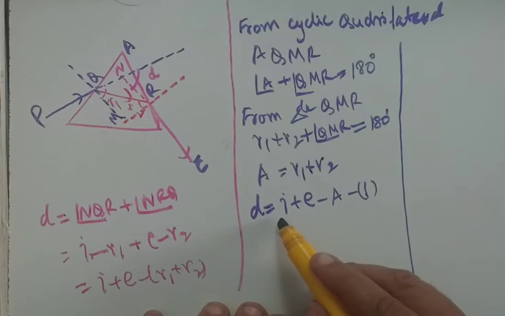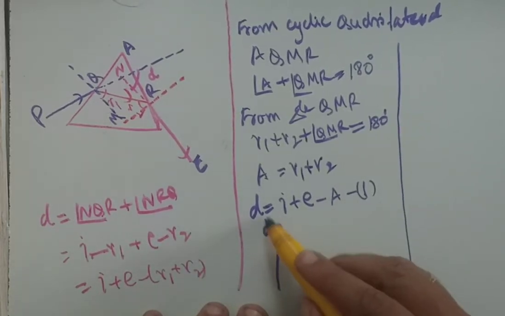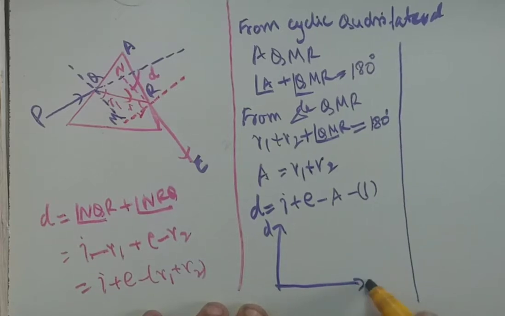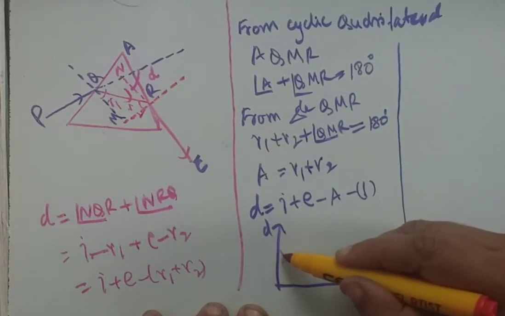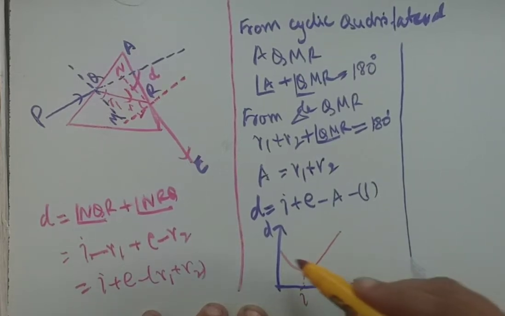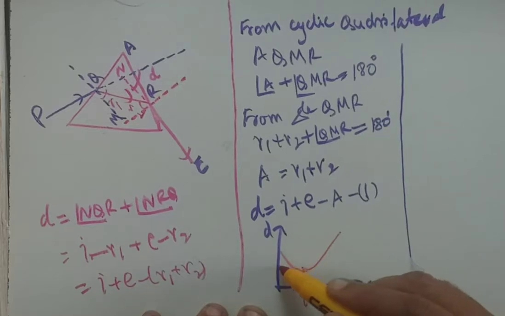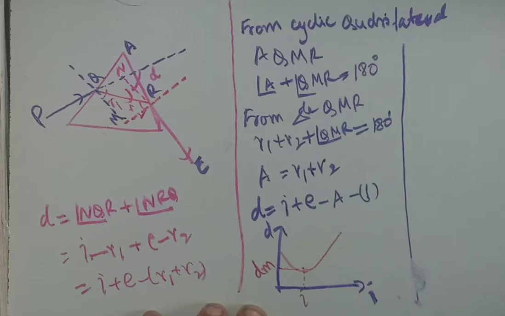Say I draw a graph of angle of deviation versus angle of incidence. This graph first decreases, attains a minimum value here, and then increases like this. At this minimum value, the angle of incidence we call I, and the corresponding deviation we call dm. That is the minimum deviation.